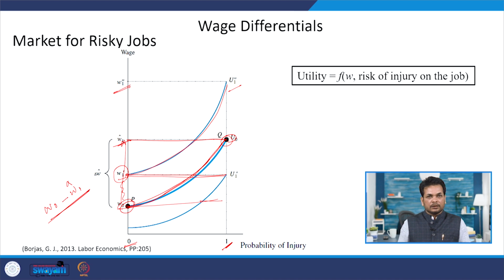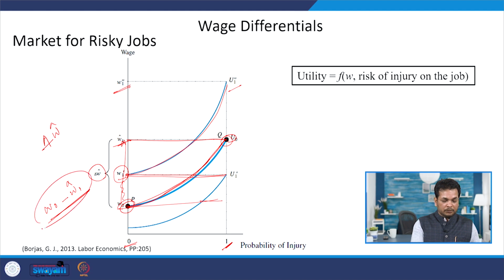So, if you want to attract the worker to work in the risk environment, then you have to pay the wage premium, which is a wage differential, delta W hat, which is nothing but the difference between W0 and W hat 1. So, for this particular worker, this much increase in the wage rate will attract him to get into the risk environment.